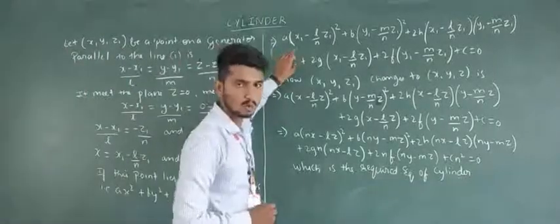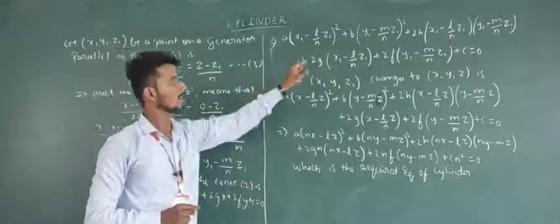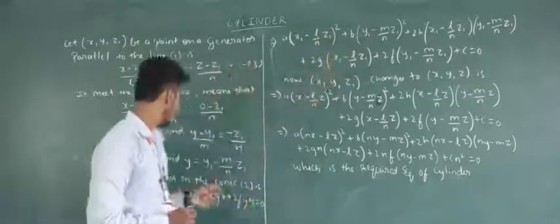So that is a into (x1 minus l by n z1) whole square plus, next we will substitute the value of y.